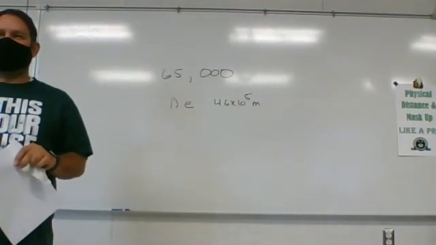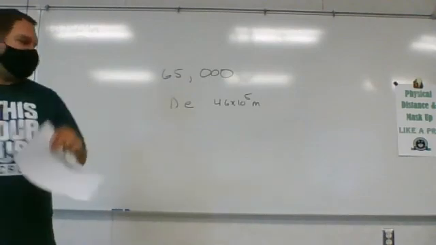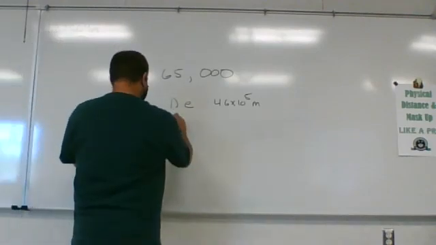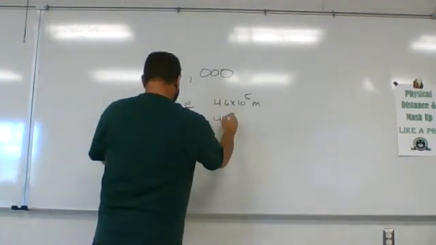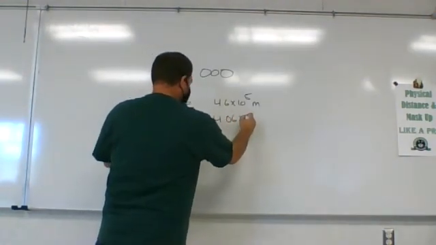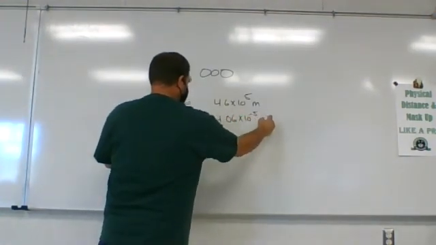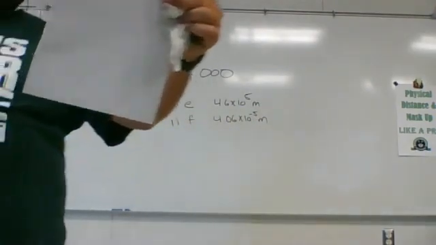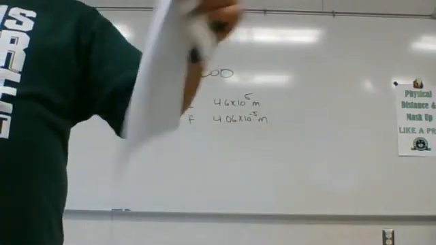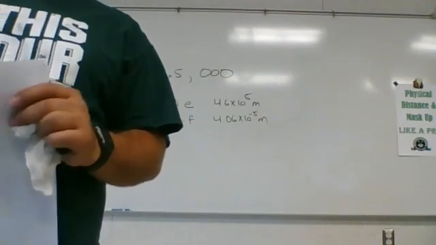Sometimes the computer does that, and I hate that when it prints that way. And then number 1F should be 4.06 times 10 to the minus 5 meters. And I think the rest are okay. Okay, good. Thank you for bringing those up.